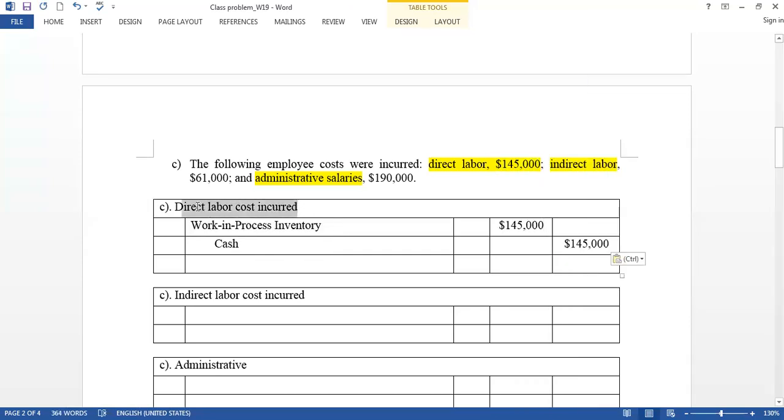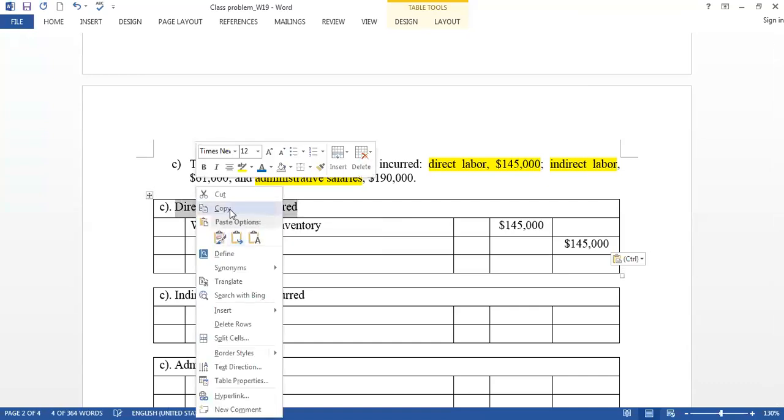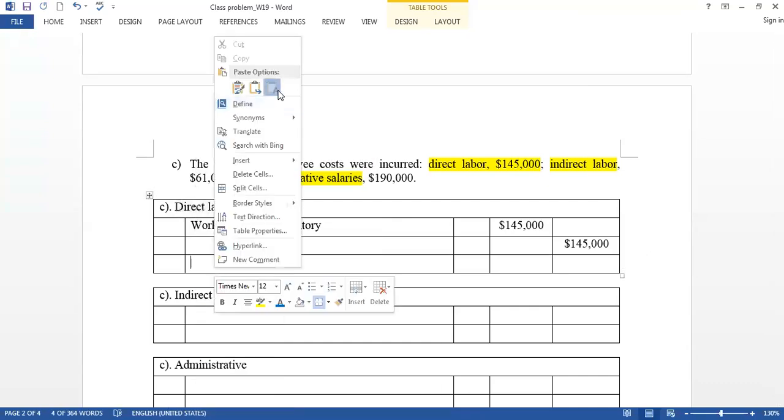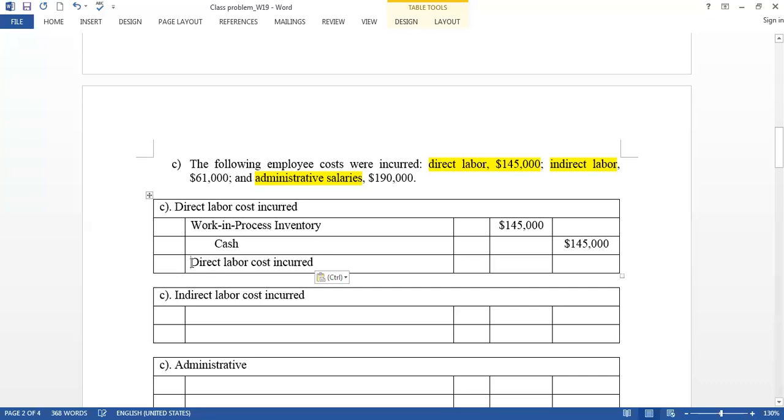So the narration is direct labor cost incurred.